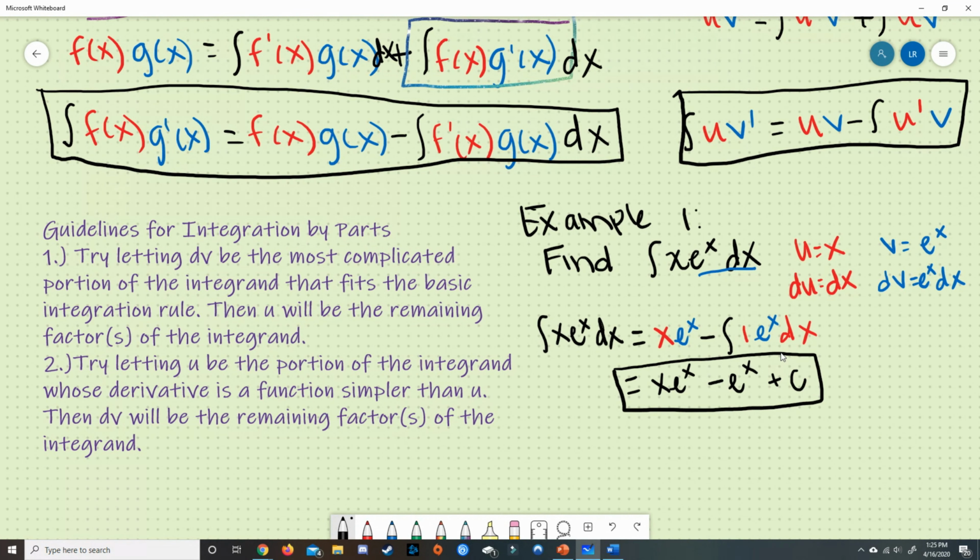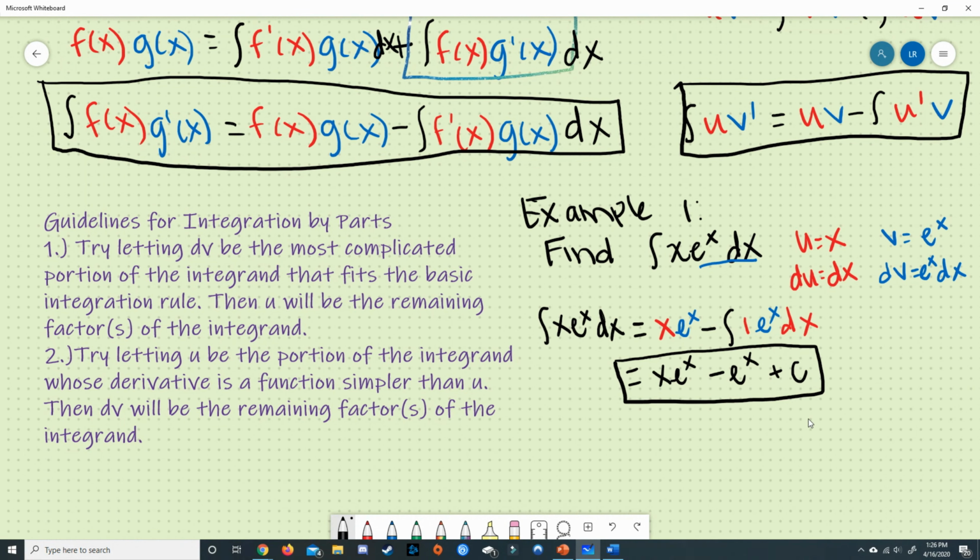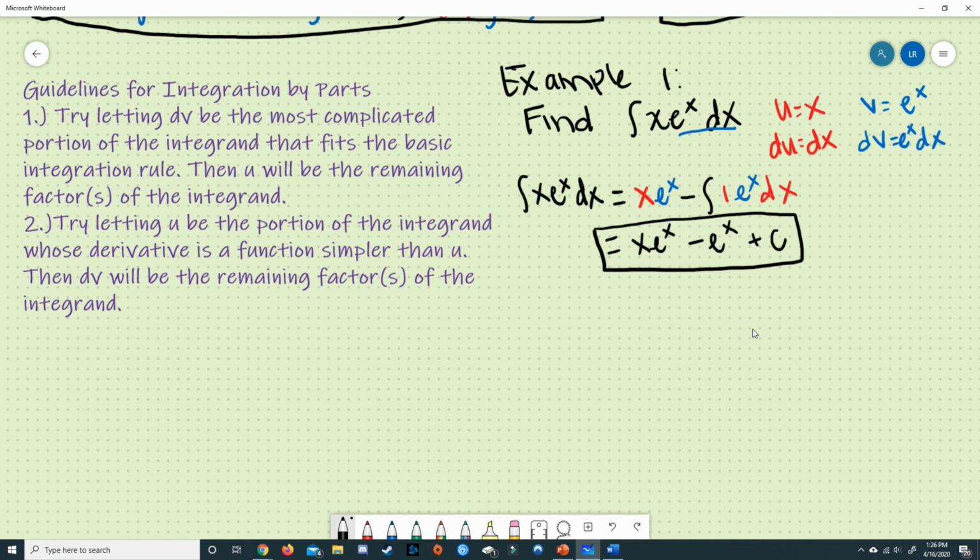Now, I would like to write a practice problem for you on here. So this is going to be practice example 1. And what I would like you to do is pause the video and work this out yourself. So you are going to find the integral of x e to the 3x dx.